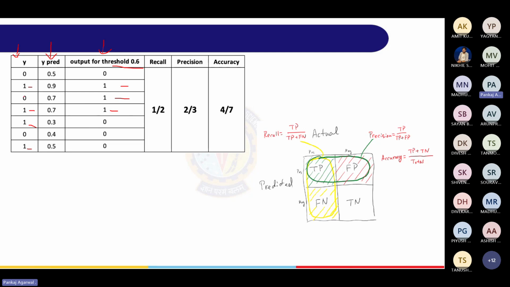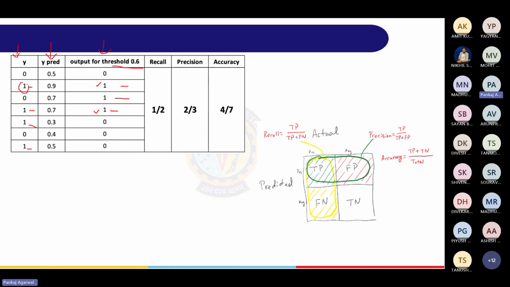And out of these four cases, how many actually got predicted correctly? You get one case, you get two cases. You get my point? So only two cases.